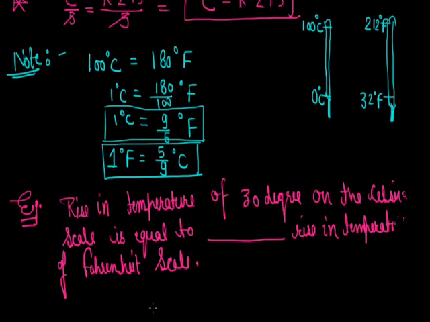Solution: as we know, 1 degree centigrade equals 9 by 5 degree Fahrenheit. So a rise in temperature of 30 degree on the Celsius scale will be equal to 9 by 5 into 30 degree Fahrenheit. By solving we get 54 degree Fahrenheit. So the answer is 54 degree Fahrenheit.